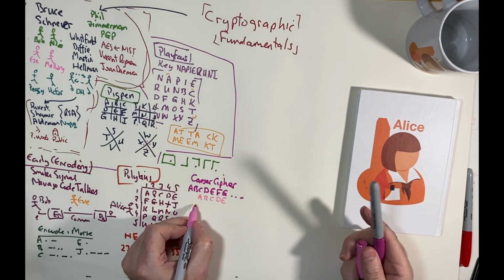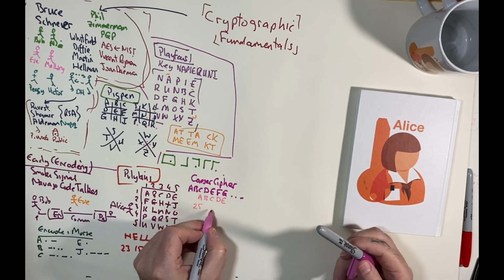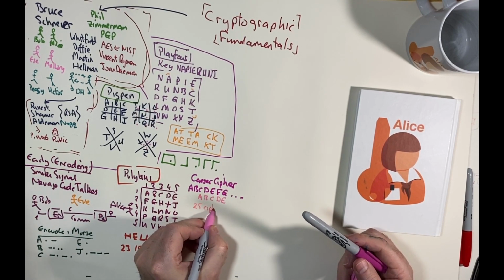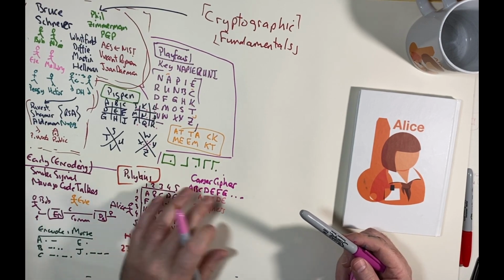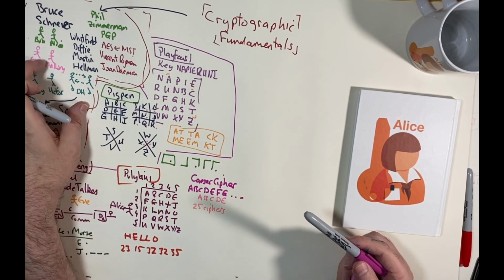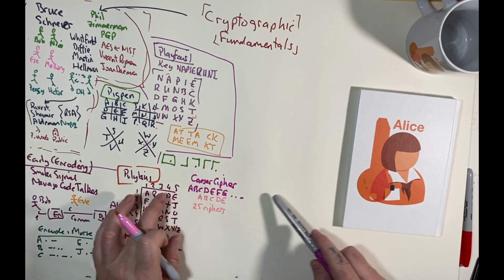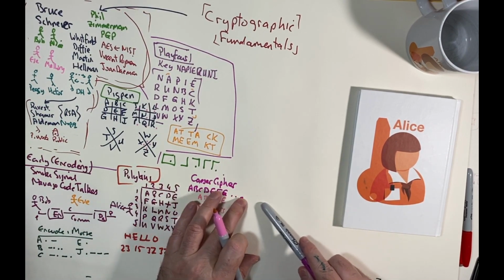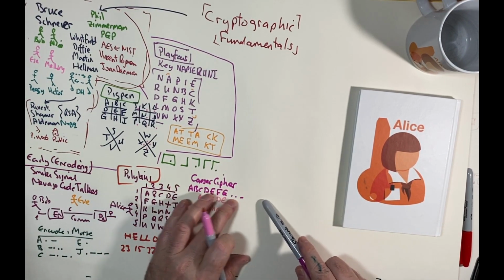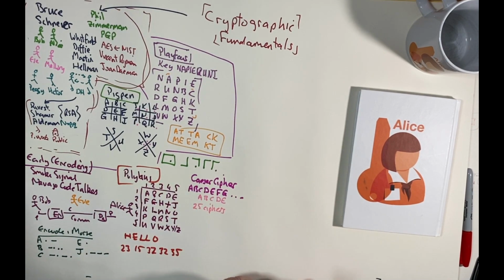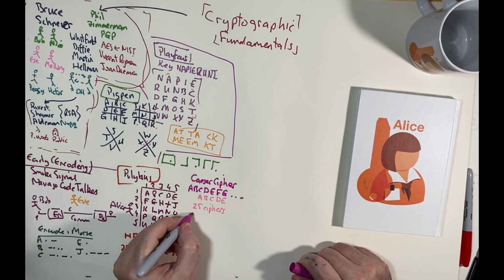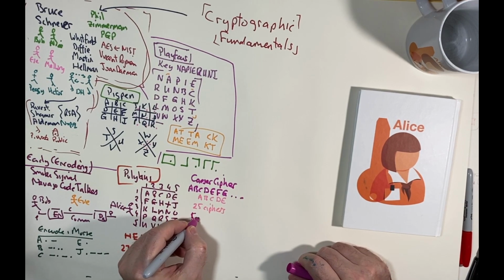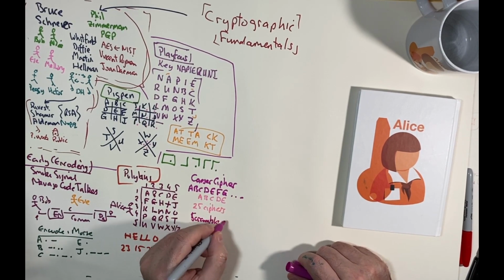Unfortunately, the number of ciphers that we can have is only 25 different ciphers. So it's going to be quite easy for Eve to be able to analyze each of the 25 different shifts and to be able to determine what the shift is that has been used. A more advanced version is a scrambled alphabet.